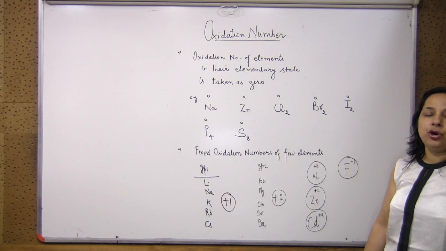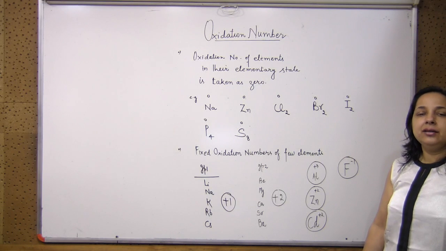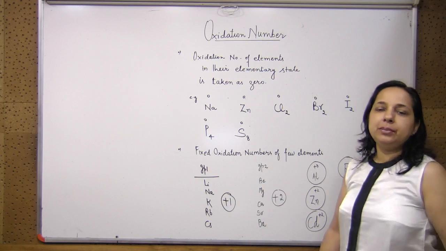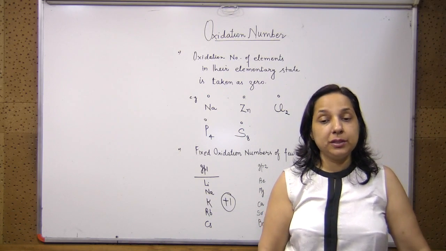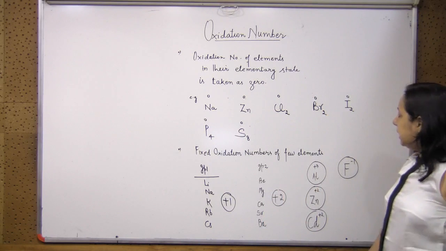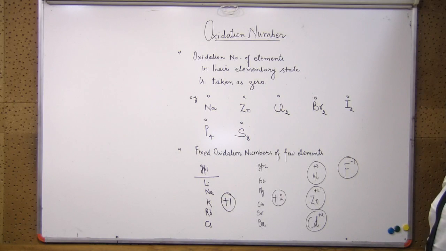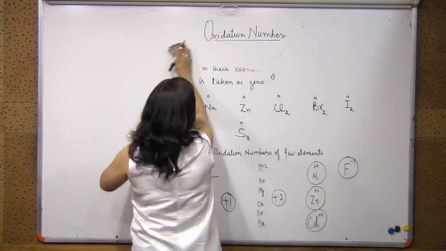These are fixed oxidation numbers. Learn again. Group 1 all are having +1 oxidation state. Group 2 oxidation number is always +2. Aluminium +3, zinc +2, cadmium +2. And finally fluorine with negative charge, 1 negative.